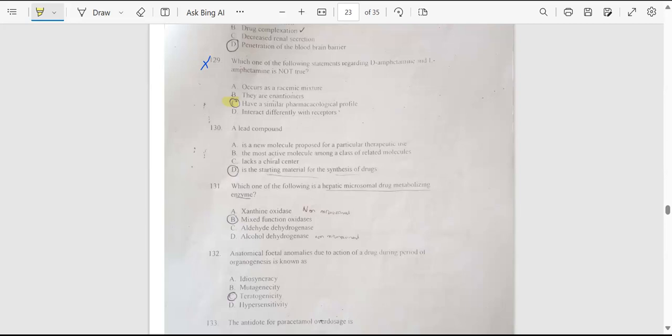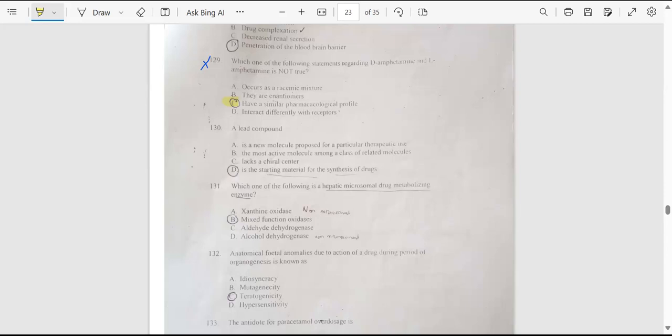I think it's the starting material in the synthesis of a drug. Definitely when you're talking about discovery, I don't think we talk about chiral centers anywhere. Yeah. And the most active molecule.